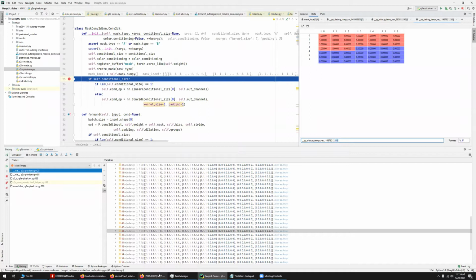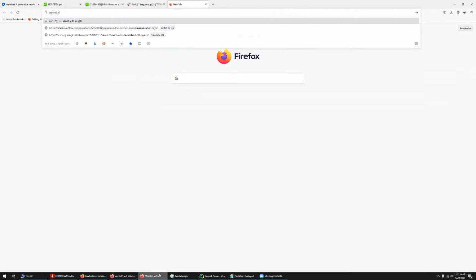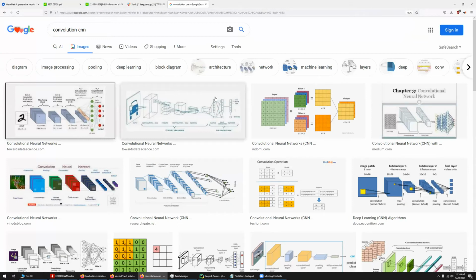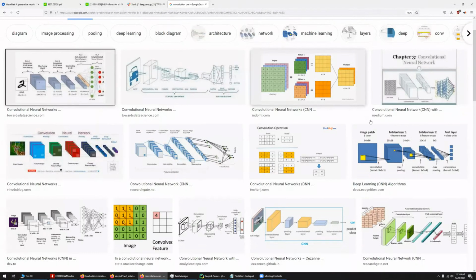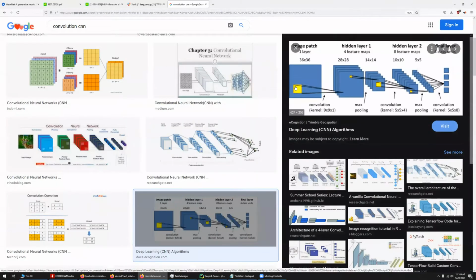But if we look at the convolution video, right here, each of these is a 7 by 7, and then we have a padding of 3 by 3, and it slowly slides over.